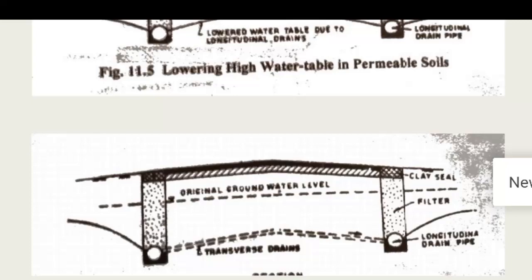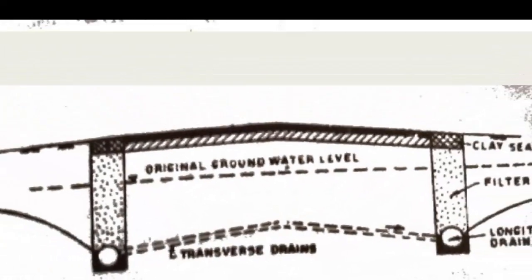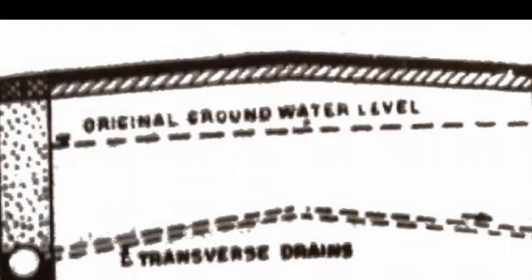Hence, in addition to the longitudinal trench drains, transverse drains, so here you can see two dotted lines, have to be installed at suitable intervals in order to effectively drain off the water, and thus we can lower the water table up to the level of transverse drains.